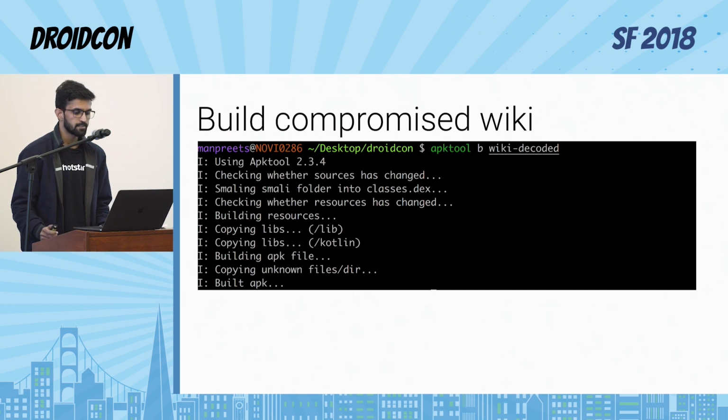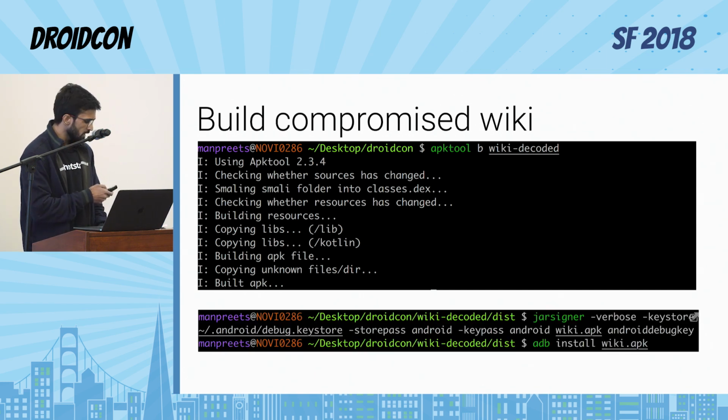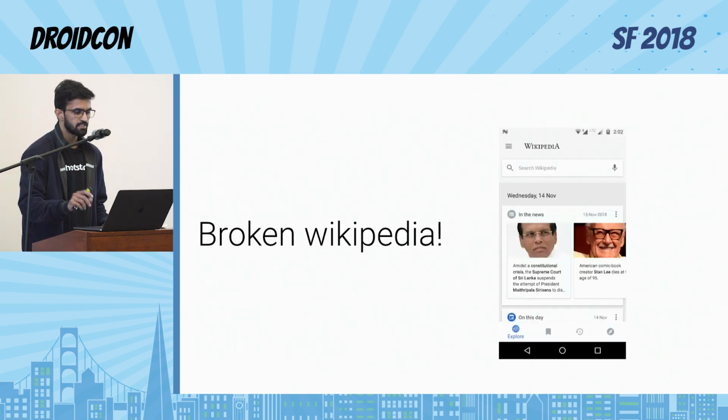So we got the APK, but it is still not a signed APK, so we can't install it on our device yet. So we need to sign it. I'm doing it through jarsigner, and I'm using my debug keystore to do that. The private key used to sign the APK is coming from the debug keystore. And now I can install the APK.